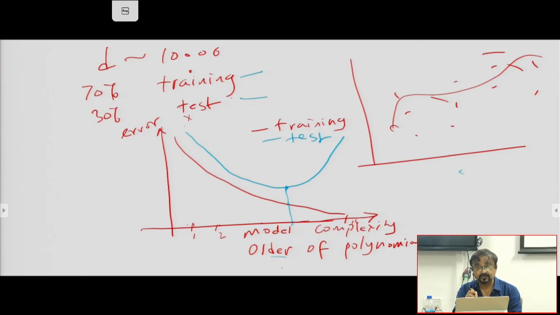Once I get the model, I predict on the other 30% and see what the error is. What you see is that typically it will have a little more error because that is not the data that was used in finding the model, right? But it follows the same trend to some extent, but after some time it actually goes up in error. That basically means that this order of polynomial is where you start to see overfitting, and you should not be doing that. Okay?